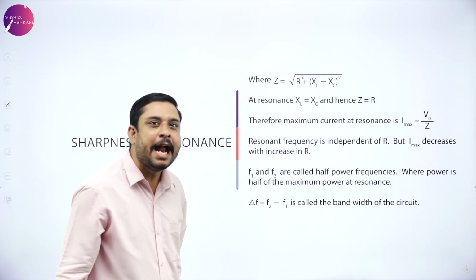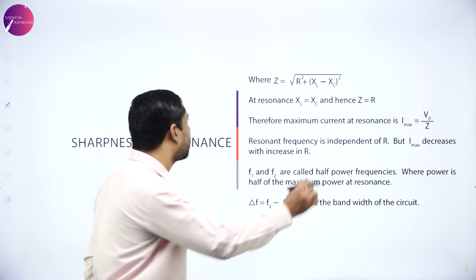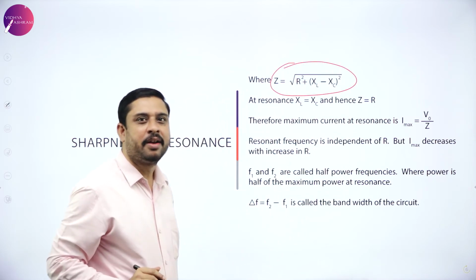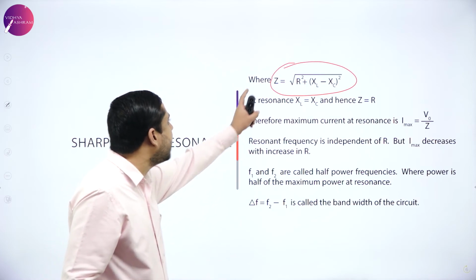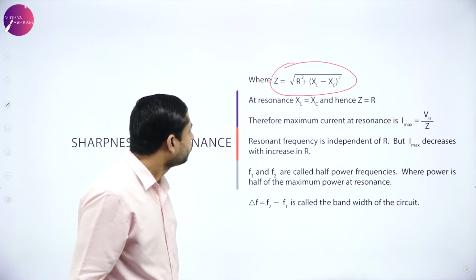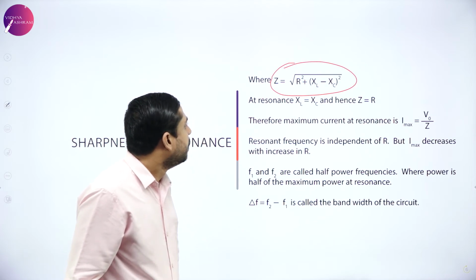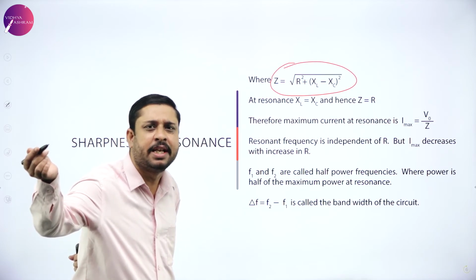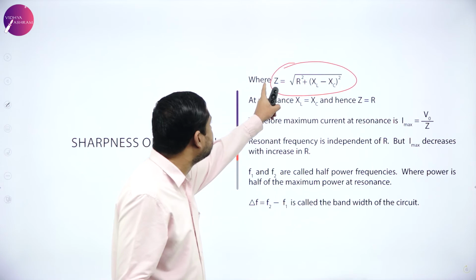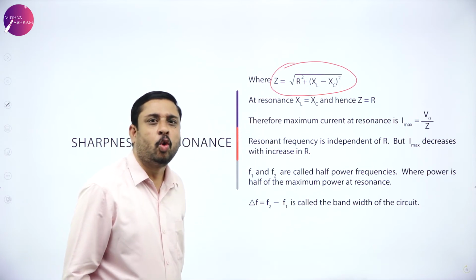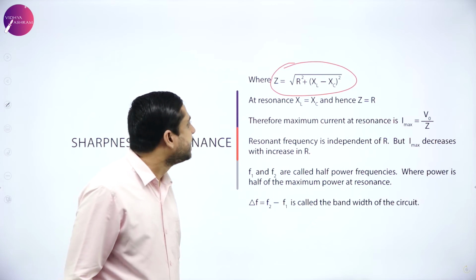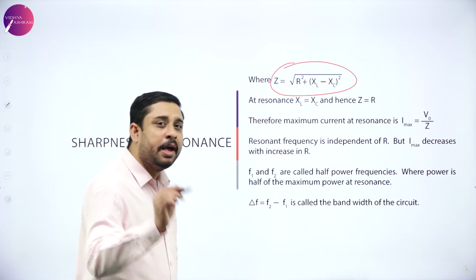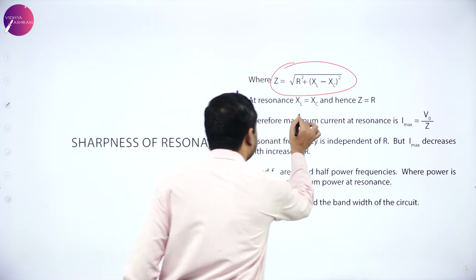Where Z is the impedance of the circuit. And that impedance, you remember, we derived the expression as Z equals root of R square plus XL minus XC whole square. We did the derivation in my previous session. Now what happens at resonance?